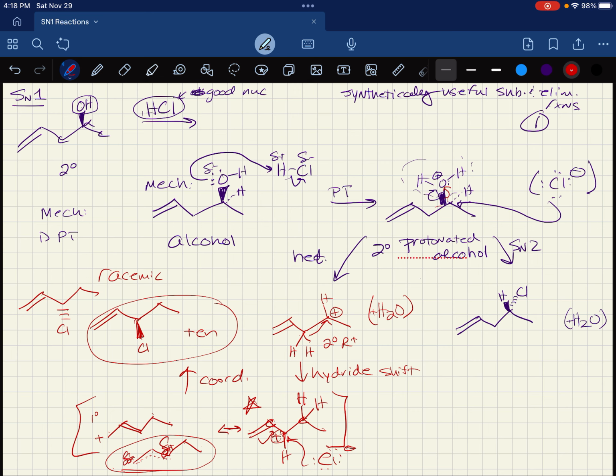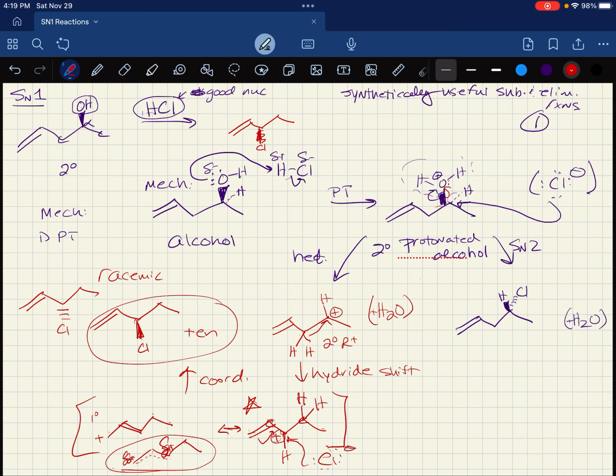And so let's up here draw the products that we would get. One way to indicate uncertainty in stereochemistry is to draw a squiggly line here. And that generally indicates that either stereochemistry is not known or maybe it's a racemic mix.